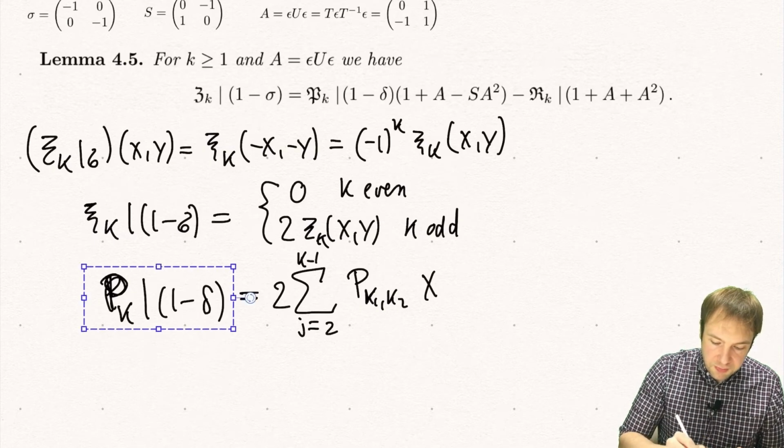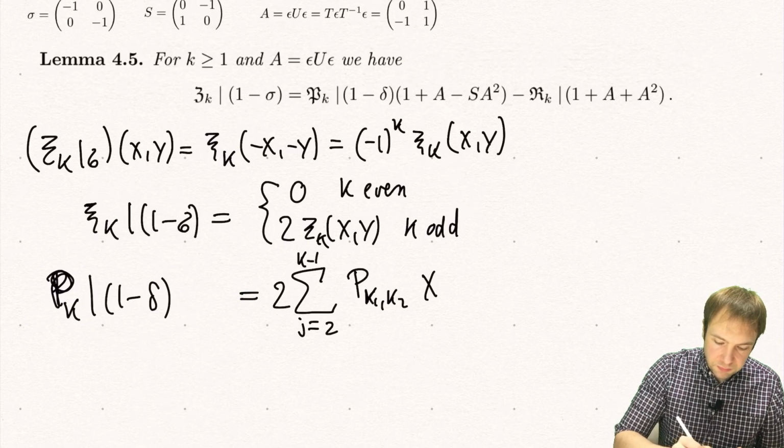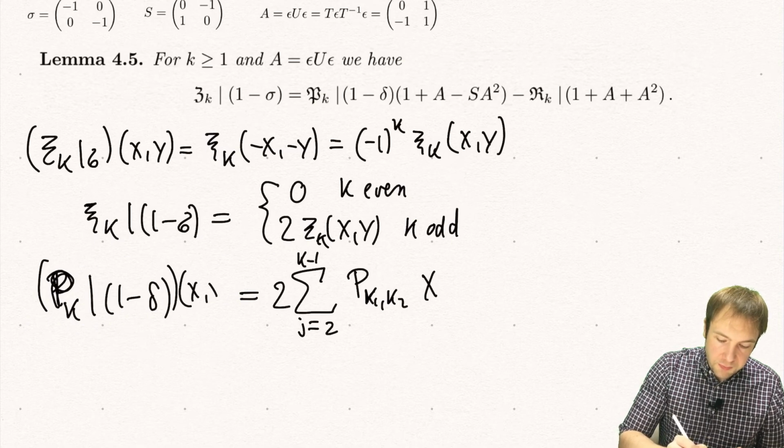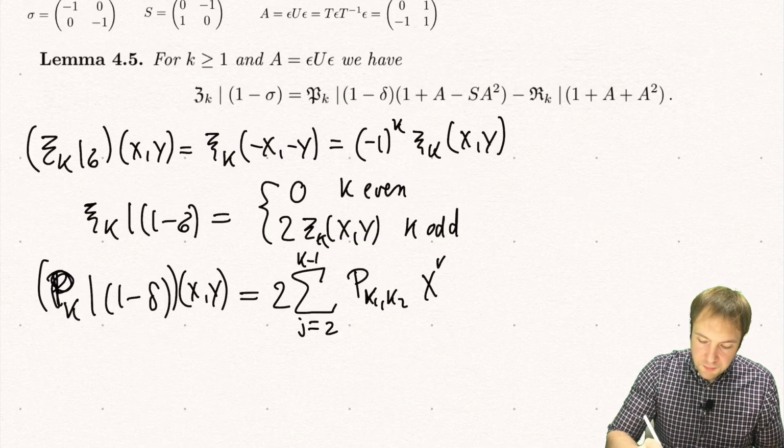And here I should write xy, and here I have x to the k1 minus 1 and y to the k2 minus 1.